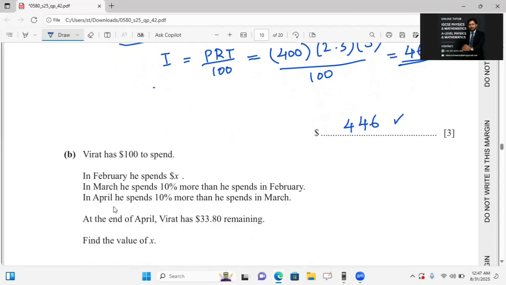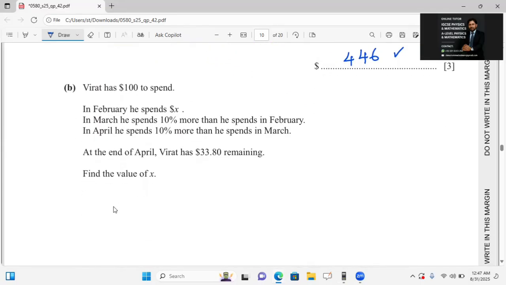Now he is saying over here that Virat has $100 to spend. In February, he spends X dollars. In March, he spends 10% more than he spent in February. And at the end, Virat has $33.80 remaining.